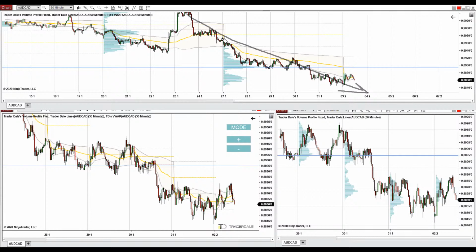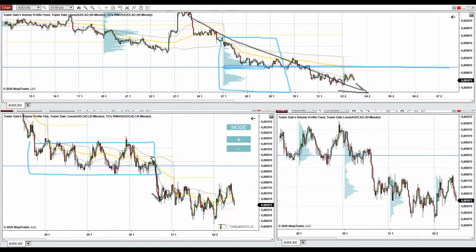What the weekly fixed profile tells us, this one, is that the heaviest volumes were accumulated in here. This is the weekly point of control, this place where the volumes are the heaviest. Now, you can notice that there was sort of rotation around this level, and afterwards, again, aggressive selling activity from this place started, alright?